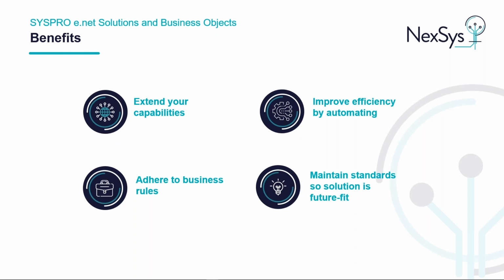Because it adheres to standards, the solution is future fit, makes upgrades far simpler, and it allows you to integrate and have the data coming into Syspro while adhering to all of the business rules and continuing to allow your users to enter information into Syspro. So it works in conjunction with. And I really think that together brings a lot of benefits.